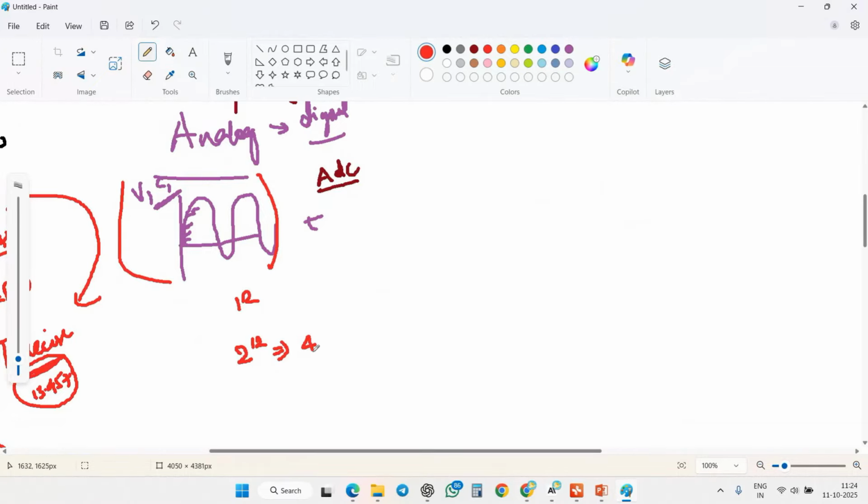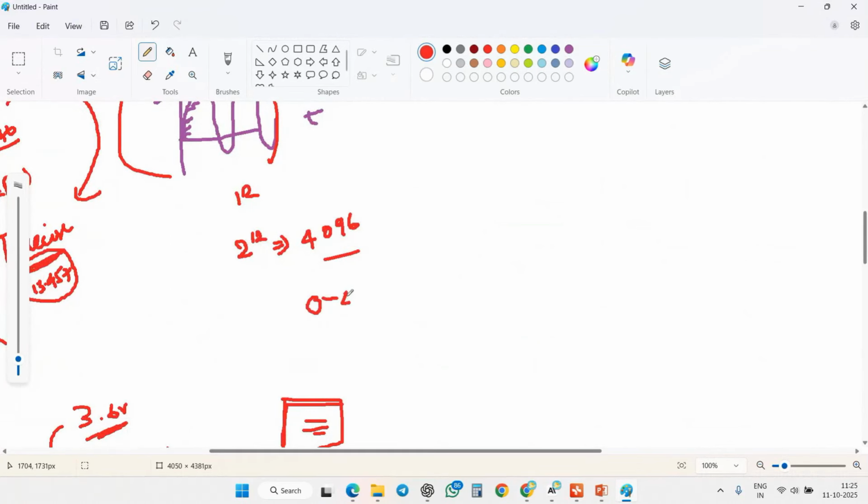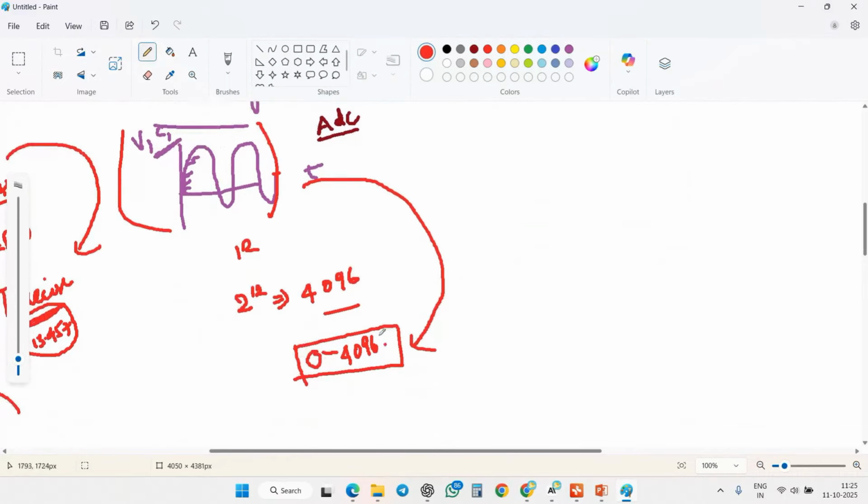It produces a value called 4096. If you are getting some random value, you try to optimize it to this range.